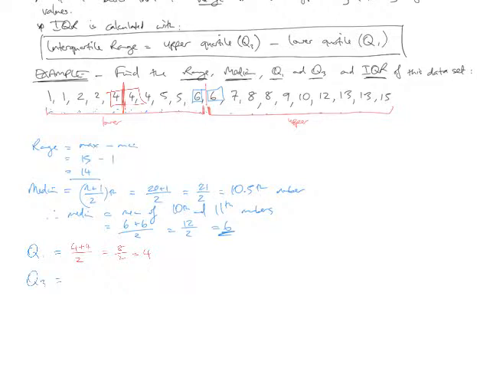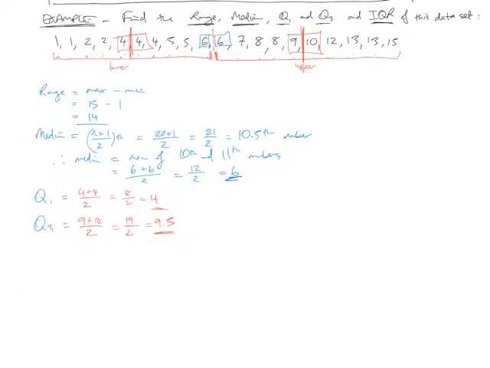Q3, so there's going to be 10 numbers again, so it's going to be between the 5th and the 6th numbers, so the upper median is going to be there, or Q3 is going to be there. It's going to be between 9 and 10, so 9 plus 10 over 2, 19 over 2, it's going to be 9.5. So Q1 is 4, Q3 is 9.5.